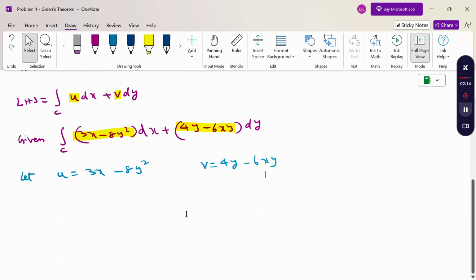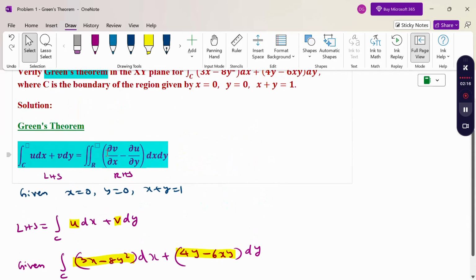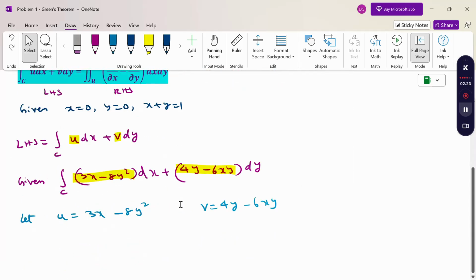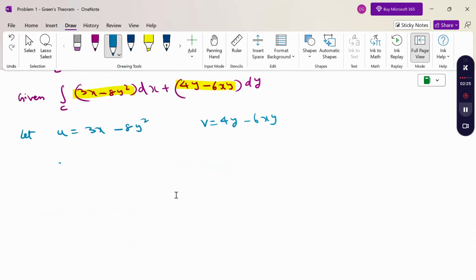From this, we need to differentiate u partially with respect to y and v partially with respect to x. Therefore we find dou u by dou y and dou v by dou x.